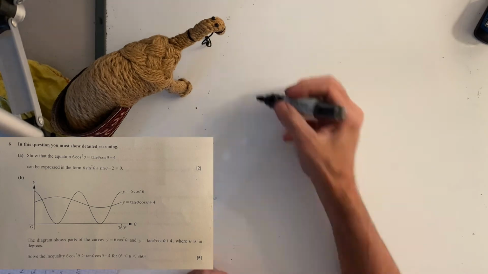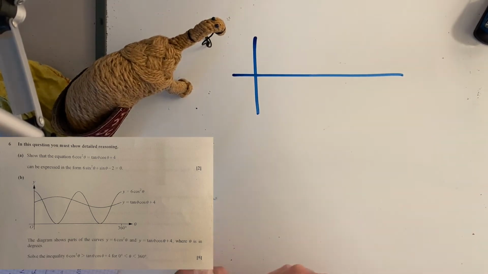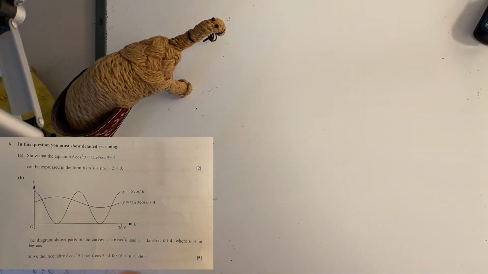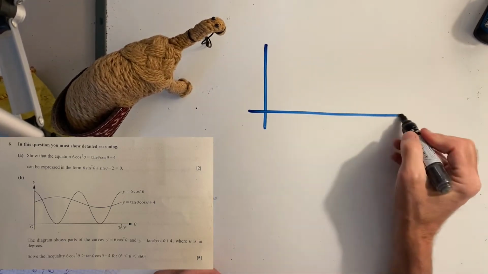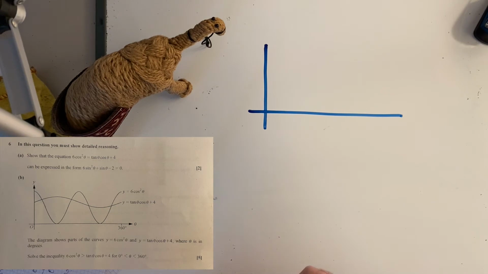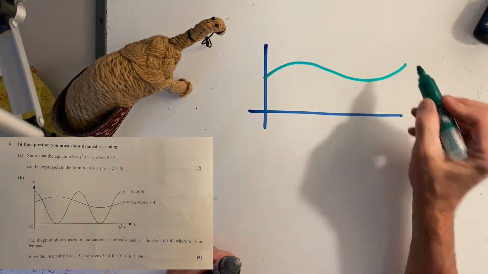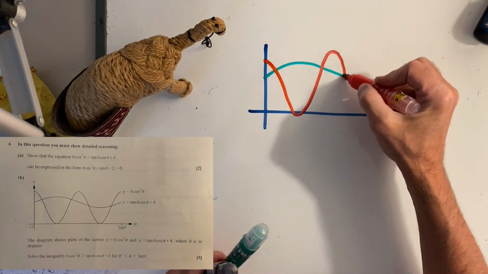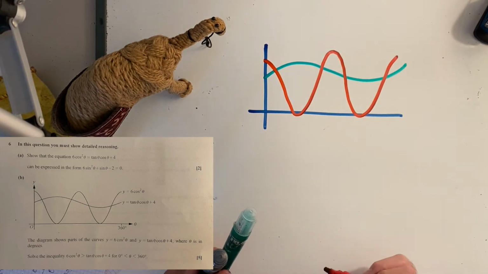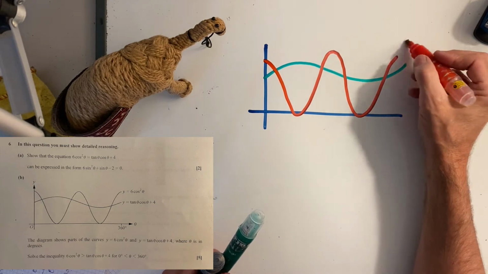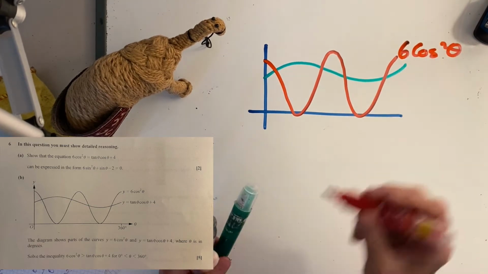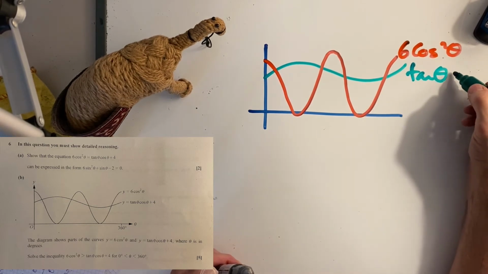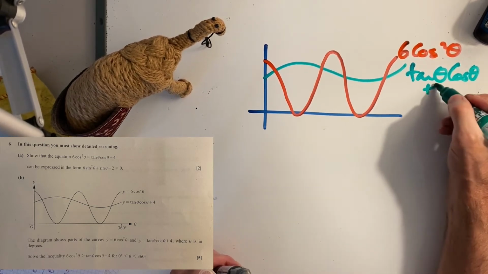Right, so we've got these two curves here. Let's sketch them out quickly. Let's do it correctly. So here we go. I've got this curve here, and I've got this curve here. And it's saying that this top one is 6 cos squared theta, which is handy, and this is tan theta cos theta plus 4.